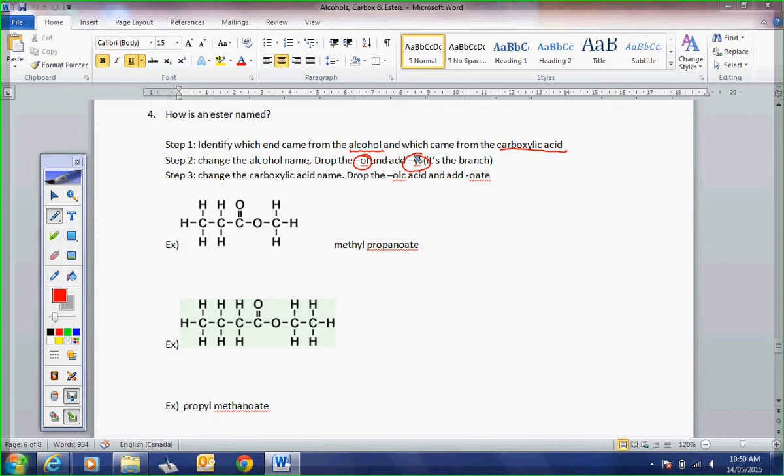We would take propanol, drop that and put YL. So you close up. You're right, it's not propyl anymore, like as if it was a 3-chain coming off. It is named slightly different than those branches were before. Yes, good observation. Then you take the carboxylic acid name and you drop the oic acid. It's going to become our chain or our main name at the end, and we add OATE.